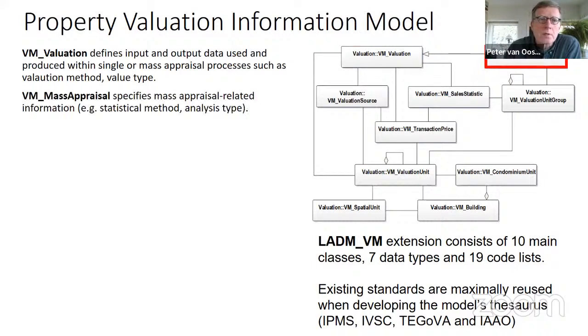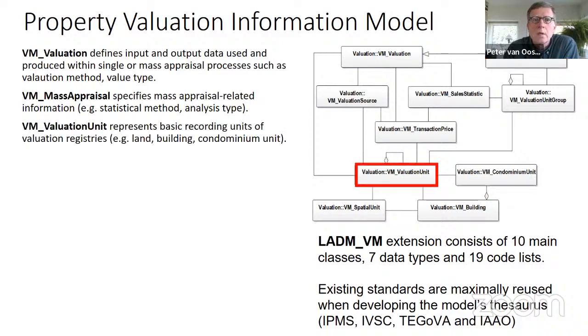For mass appraisal, the specific information is documented: what statistical methods and what types of analysis are used. The valuation unit is where the actual value is attached to an object, a piece of land, a building, and here there is an indirect relation to a spatial unit.